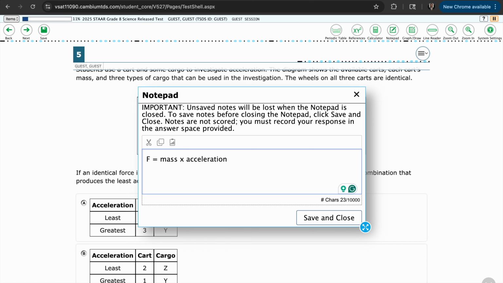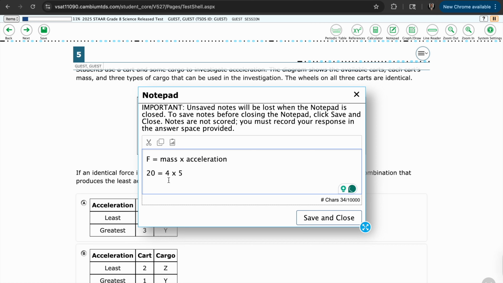So let's say I have a force of 10. Now we want to see what gives us the greatest acceleration. So what 2 numbers can I use to multiply to get us to 10? Well, I can use 2 times 5, right? Okay. Well, let's change this 10 to 20. Let's change it to 20. So 4 times 5 gets us 20.